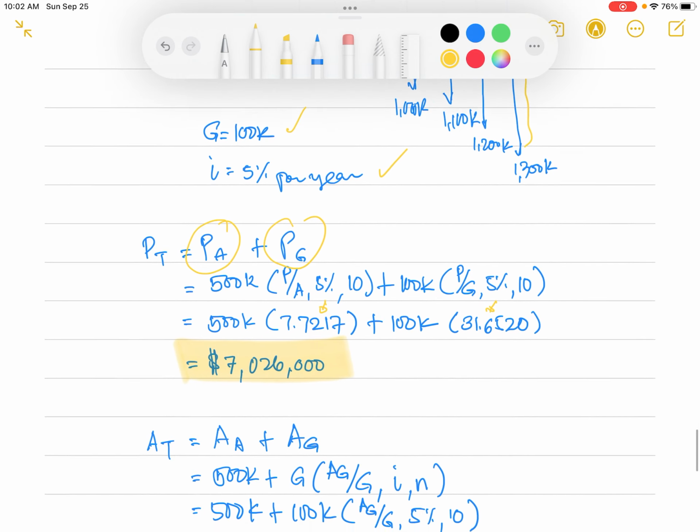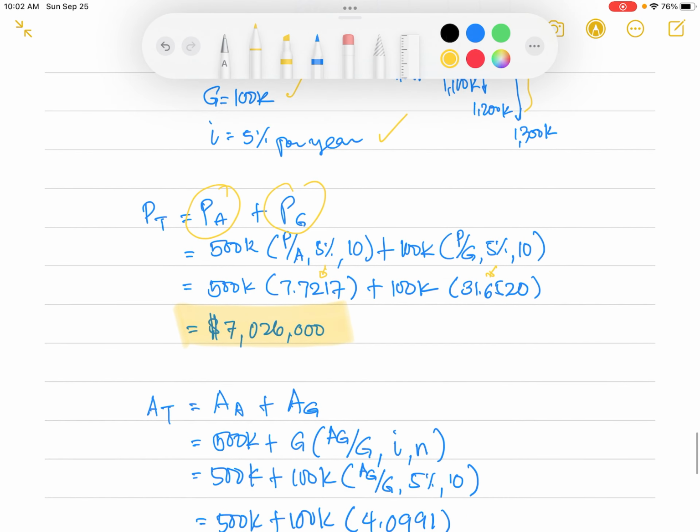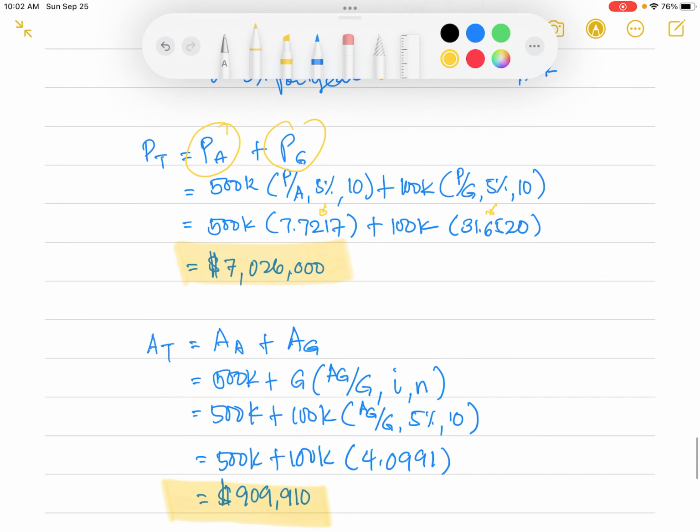So this will result in a $7,026,000 present equivalent worth of the base amount and the increases.